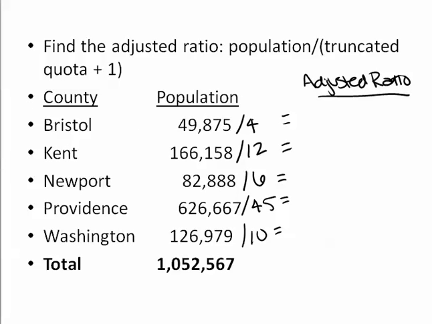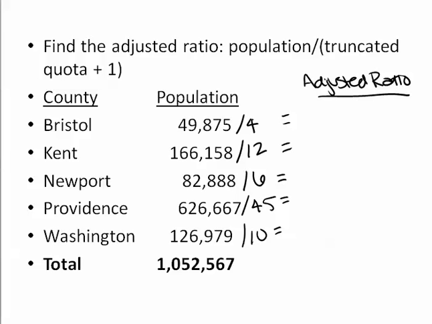So again, I have the population of each county. I'm taking the values from my truncated quota. I raised each of them by 1. And now I'm going to divide my population by that new quota and see what my adjusted ratio is. Again, this should just be a calculator problem.